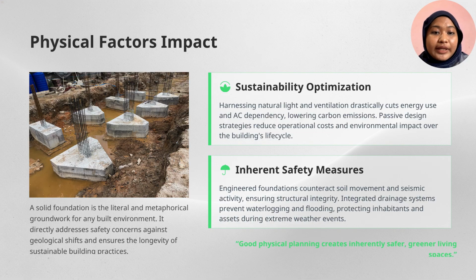These physical planning strategies not only increase the lifespan of a building, but also improve the safety and comfort of the people living inside. In short, good physical planning creates homes that are safer, greener, and more sustainable for future generations.